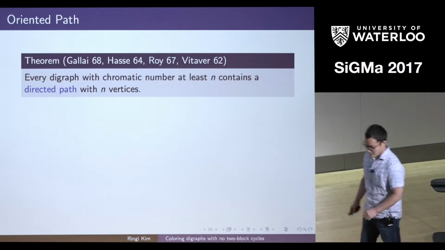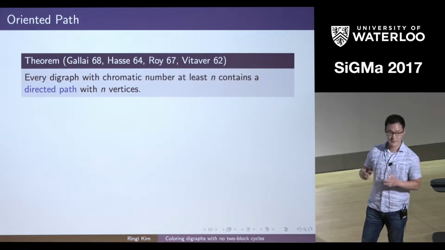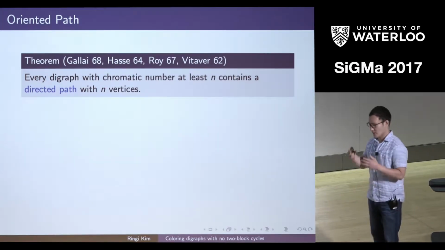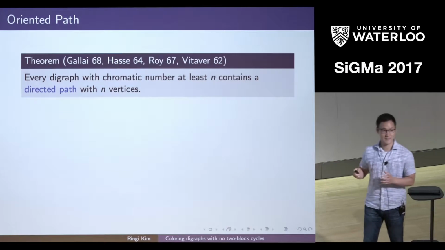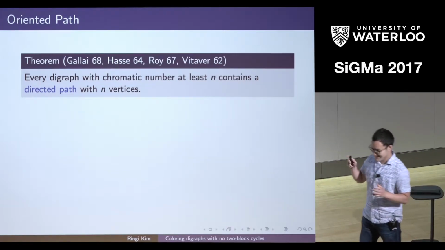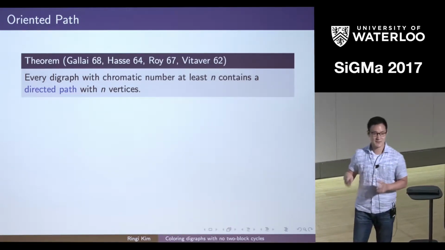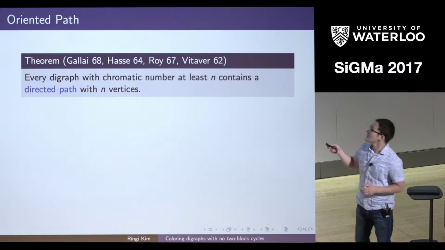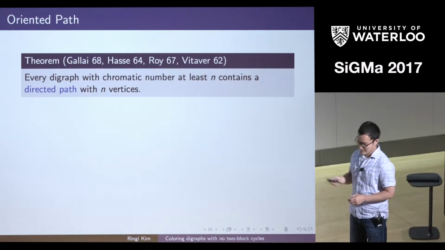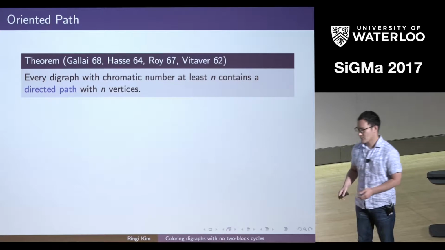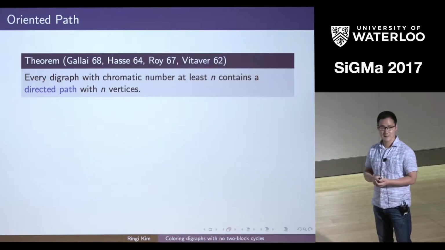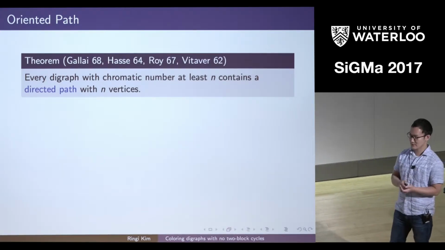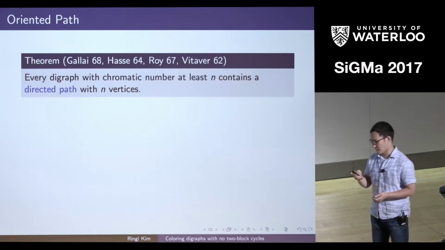This theorem says that if a digraph has a large chromatic number, then it contains a long directed path. Here, in this talk, the containment relation is subdigraph. The theorem states that every digraph with chromatic number at least n contains a directed path with n vertices.